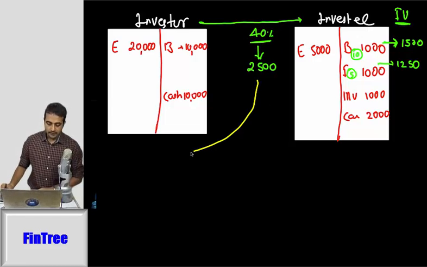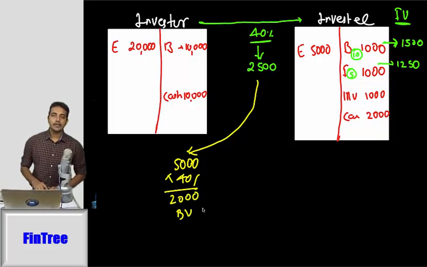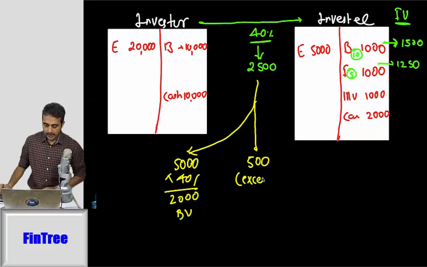Out of that 2500, 2000 is paid towards the book value of the investee. Easy? So 5000 is the equity, and 40% of that, 2000, is the book value of the investee. Then 500 is the excess of fair value of the building over book value.